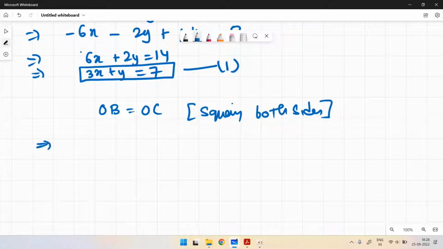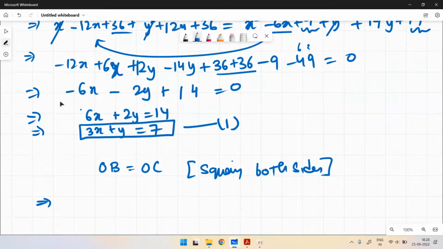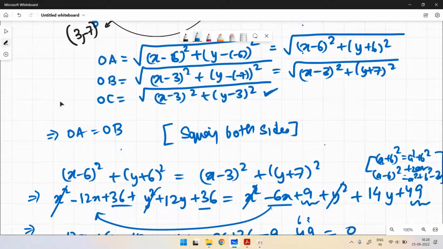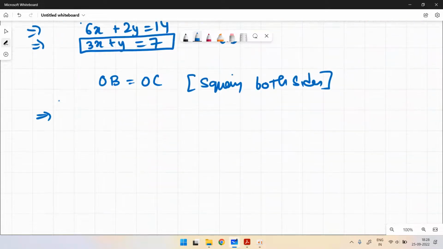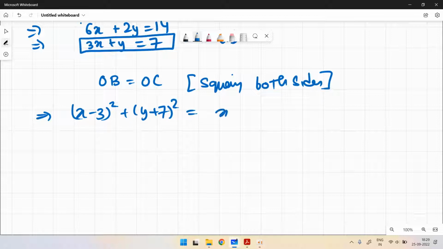So what I'll get is x minus 3 squared plus y plus 7 squared equals x minus 3 squared plus y minus 3 squared.